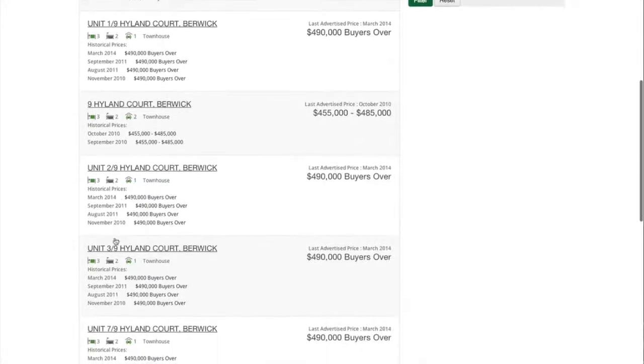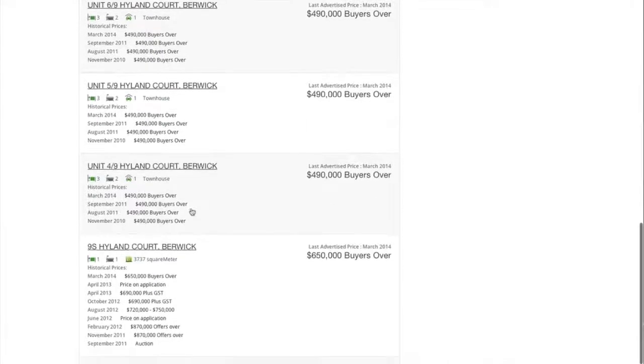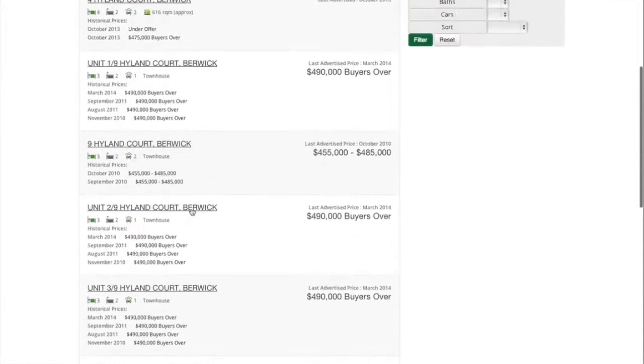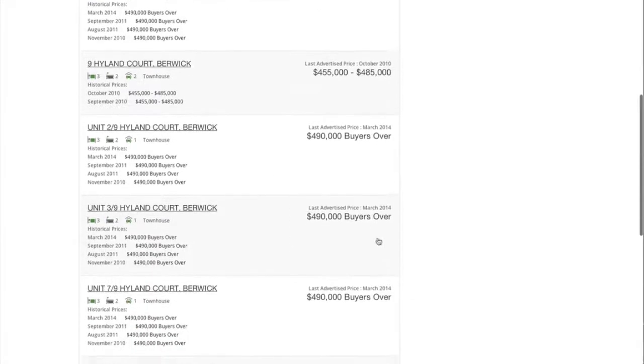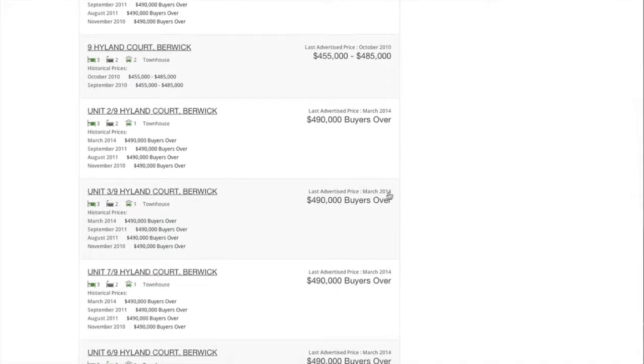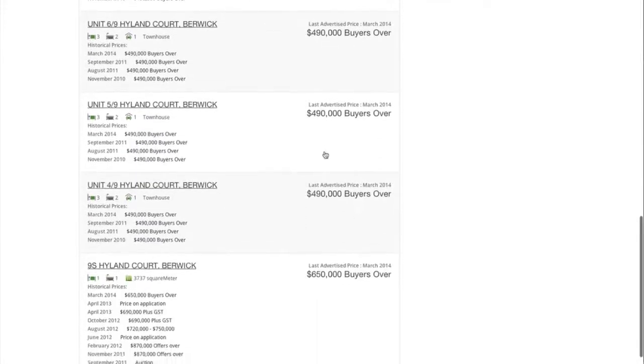These are the townhouses they are trying to sell in that area. You can see March 2014 as the last advertised price. Now this is being sold off the plan. This is a 3-bedroom, 2-bathroom townhouse, and they're trying to sell it for 490.